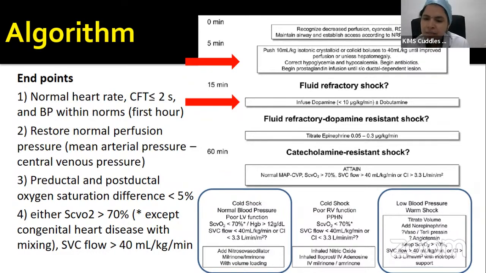In cases of low blood pressure with warm shock, where the perfusion is relatively normal, pulses are bounding, CRTs flash, but blood pressures are low, one could add a vasopressor along with volume titration in the form of norepinephrine or vasopressin, trying to target adequate normal blood pressures above 5th centile and mixed venous saturation more than 70%.